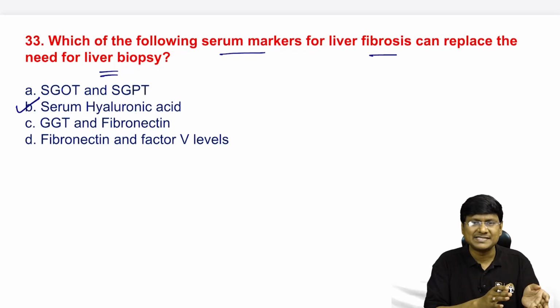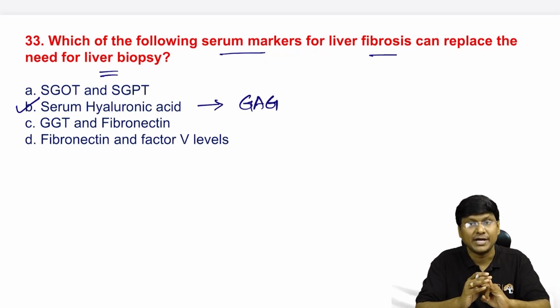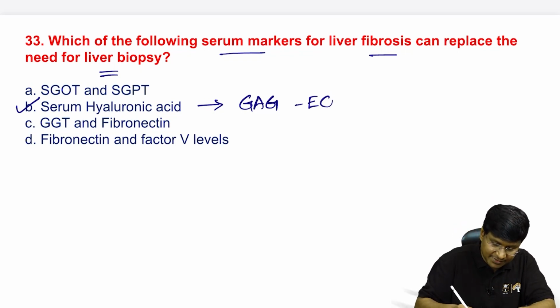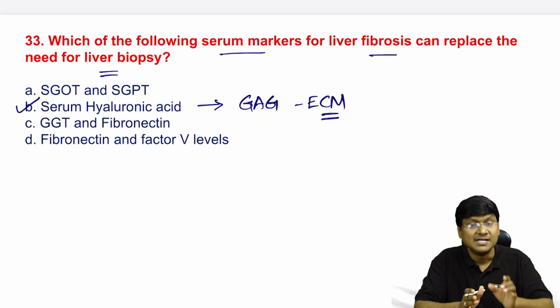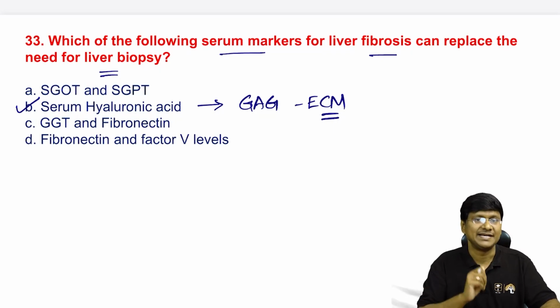What exactly is serum hyaluronic acid? It is a glycosaminoglycan and a component of the extracellular matrix that is produced by hepatic stellate cells.